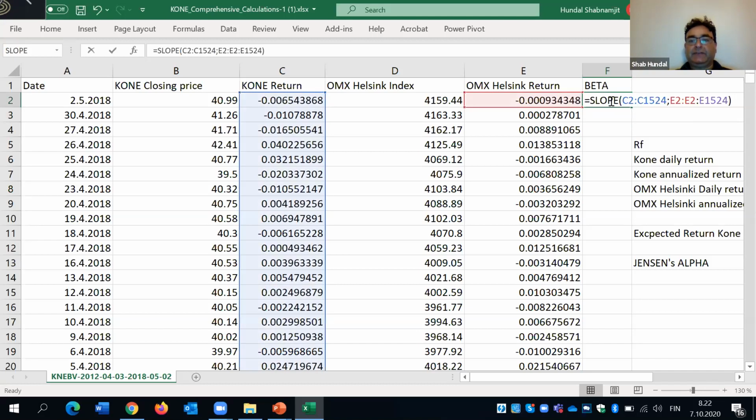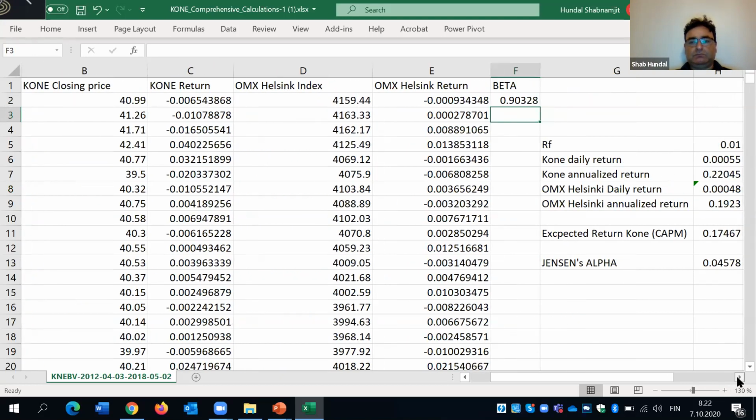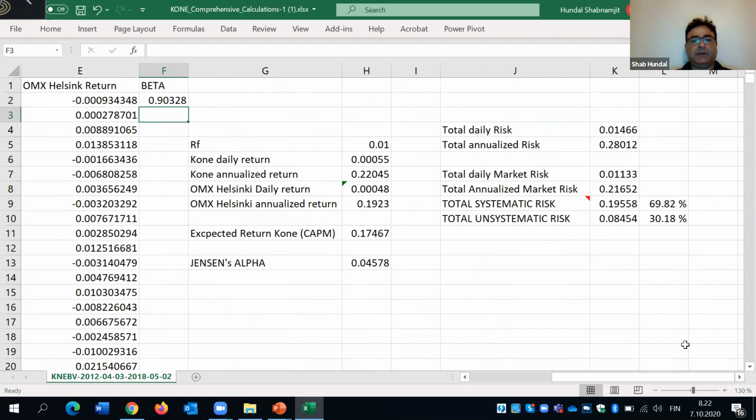So we have this beta, and we find that the beta of Kone is 0.90, which is very risk neutral, a bit towards riskiness. And then we found that the risk-free rate is 1%. This I took externally from the Bank of Finland's website, the 10-year bond rate.